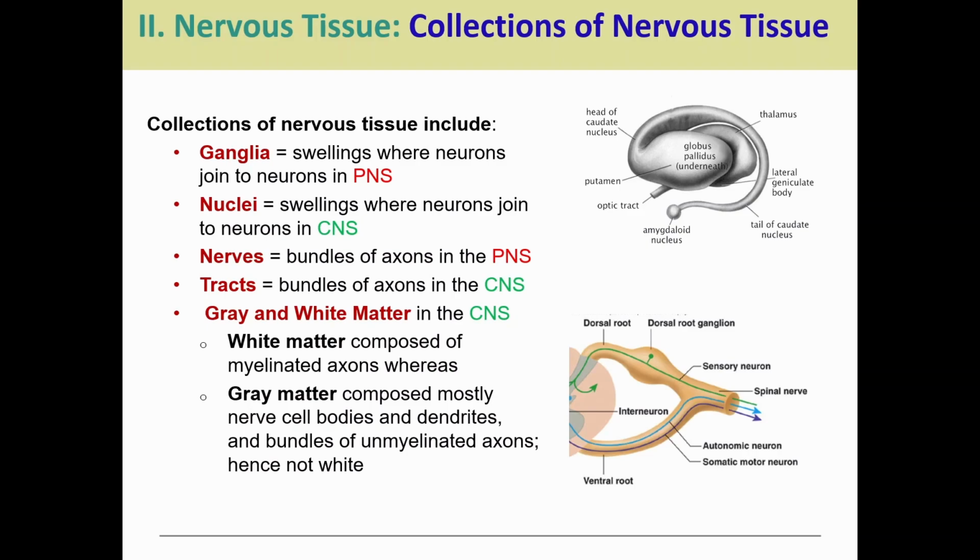And then we do see two types of matter in the central nervous system, white matter and gray matter, aptly named for the colors they actually appear. The white matter is white because it has all those myelinated axons. Remember that myelin is a fatty lipid base, and so that's where we're getting that coloring from, whereas the gray matter, we're looking at the dendrites, the cell bodies, and unmyelinated axons, which gives it that grayish color.